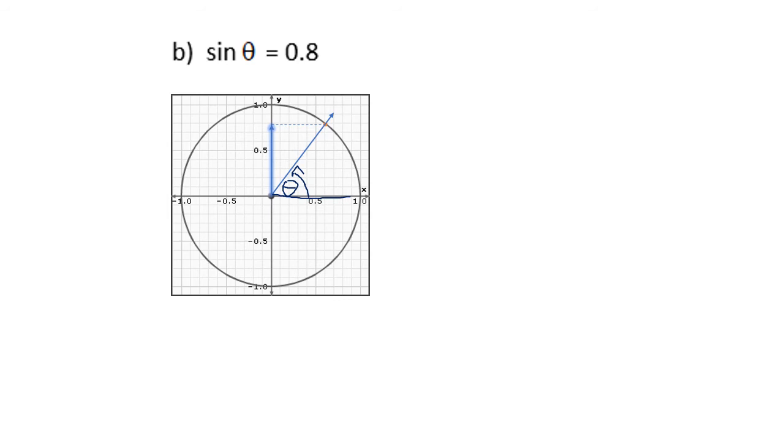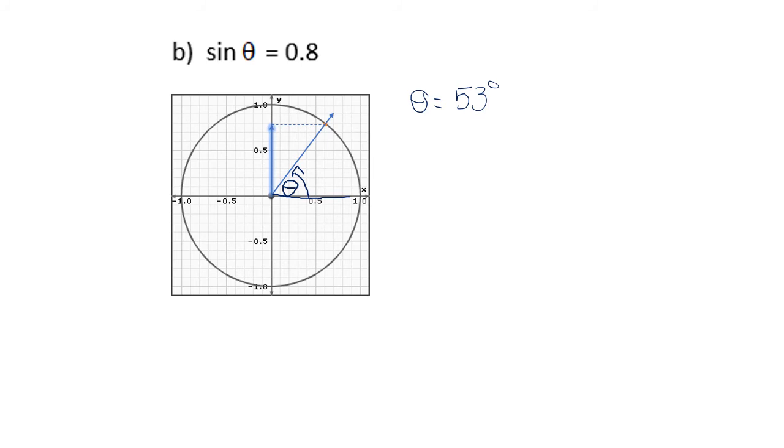So you just do the best you can, and when I do it, I get theta is about 53 degrees maybe. That's an estimate. Theta is about 53 degrees.